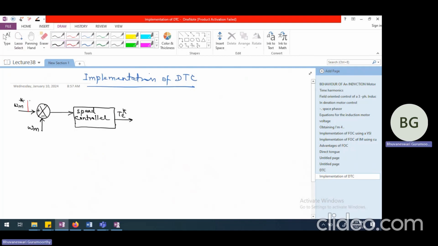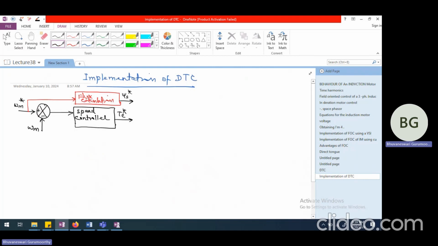Now, if I know the reference speed, I should be able to calculate the flux. So the reference flux calculation is done at this point, and its output is psi S reference.